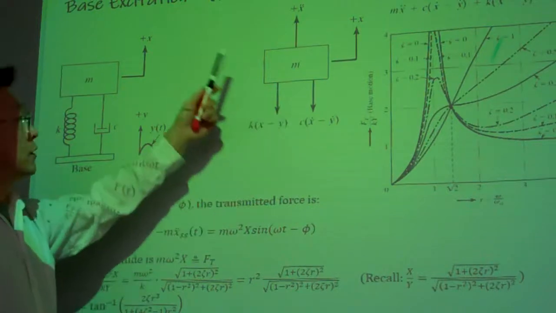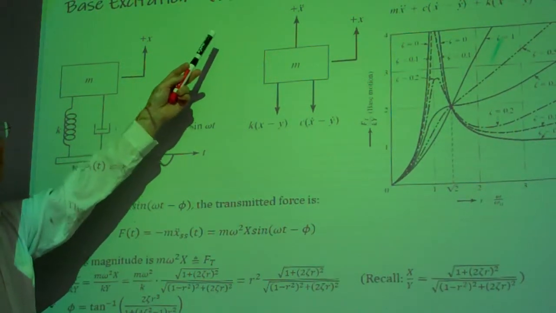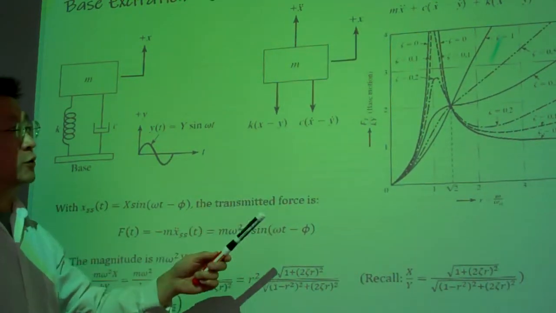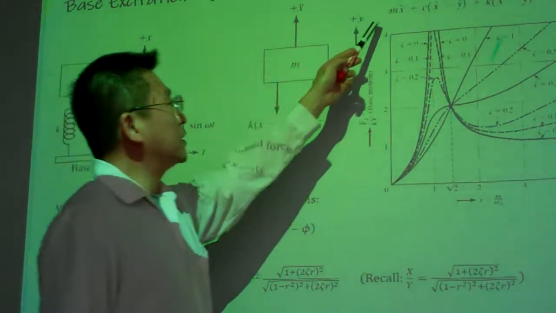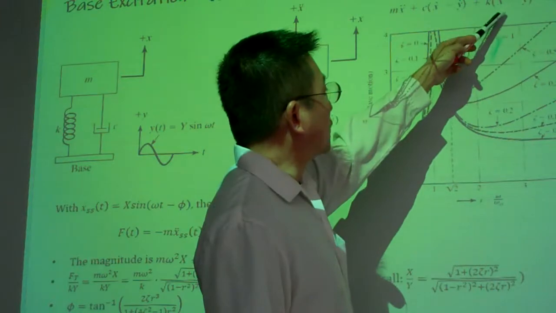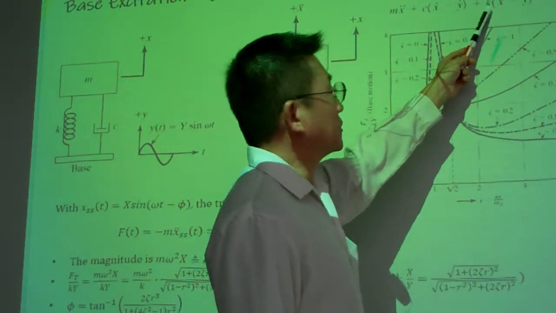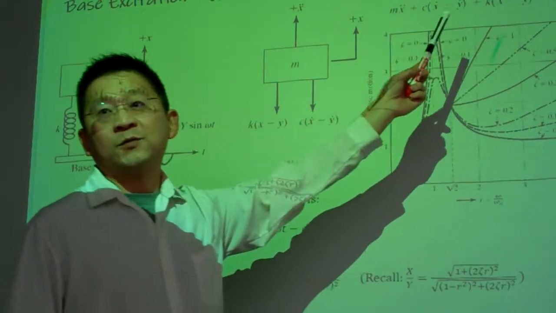So here we talk about the force transmission. Basically we are concerned with how much pure force is being produced. By looking at the original equation of motion, the summation of the two terms gives us the force. We are concerned about this force.